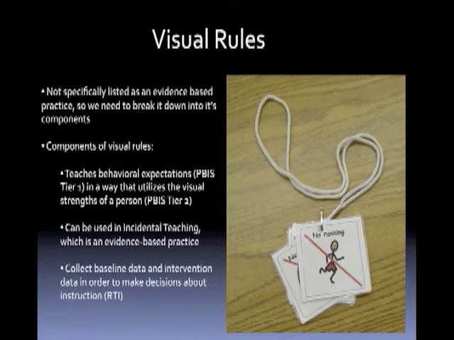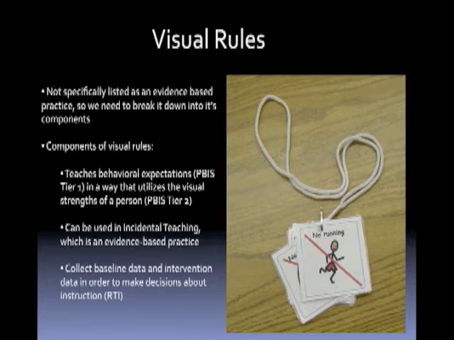So, going back to what we said before, visual rules are not specifically listed as an evidence-based practice. So we need to break it down and look at what components of it are evidence-based. We know that visual rules teach behavioral expectations, which is part of positive behavioral supports, Tier 1 of that pyramid. The very base of it is we have to teach what we expect, what we want our kids to do.